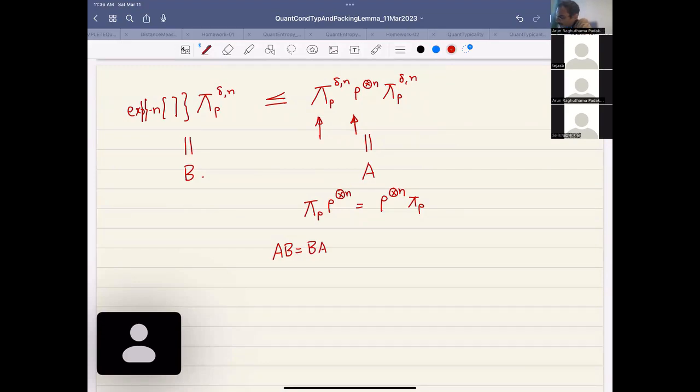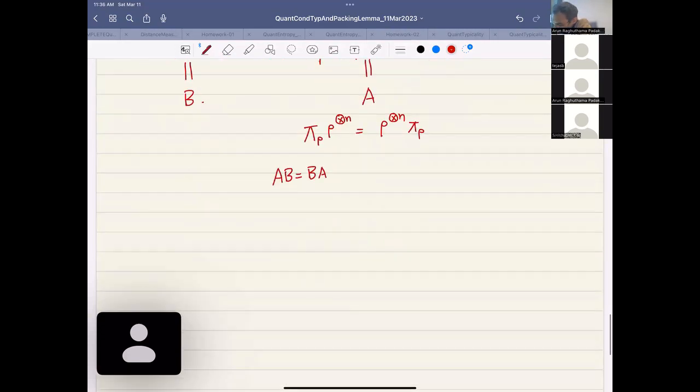In fact, pi rho squared is pi rho itself, so you can show AB equals BA.